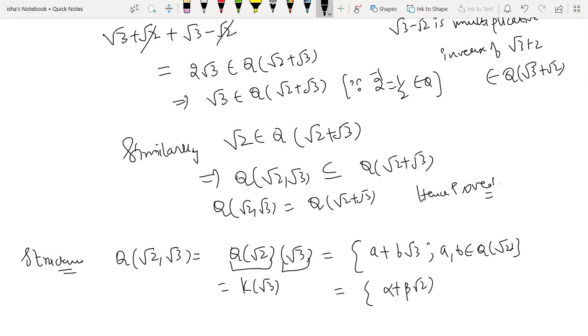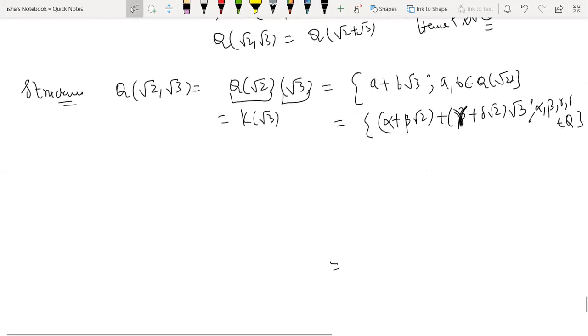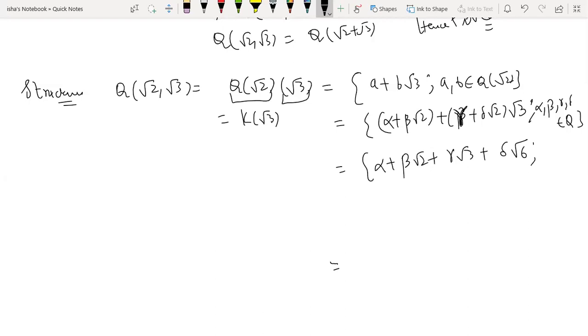अल्फा प्लस बीटा रूट 2, प्लस b will be also like gamma plus delta root 2 into root 3, where all of these alpha, beta, gamma, delta belong to q. So अगर आप इसको और थोड़ा सिंप्लीफाई करके लिखोगे, what you will get? अल्फा प्लस बीटा रूट 2 प्लस गामा रूट 3 प्लस डेल्टा रूट 6.